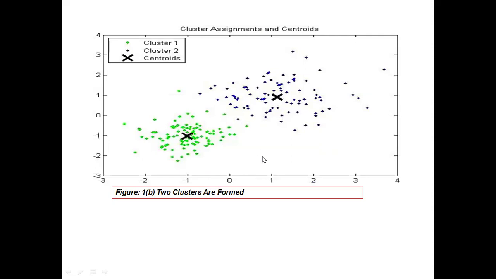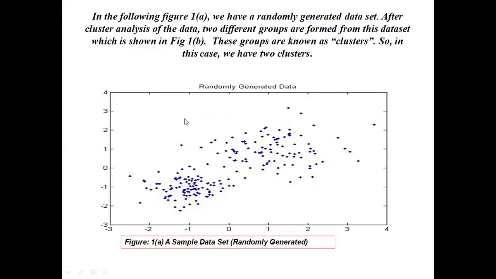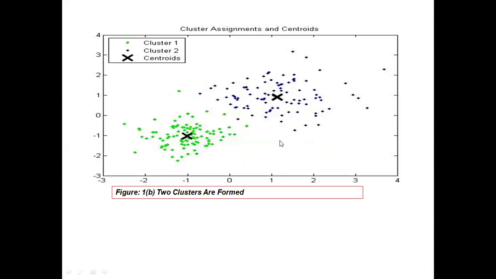After clustering is done, meaning we perform clustering over this data, we come to the conclusion that here we have two clusters. You can clearly see this is green and this is blue.